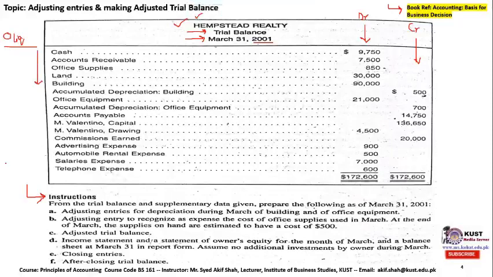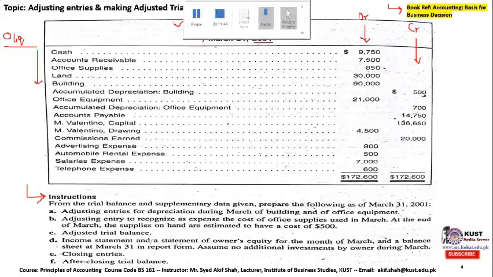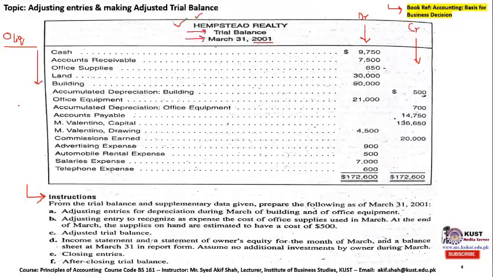As I have explained to you earlier, this question has already performed the initial 3 steps of the accounting cycle. That is, they have already done the journal, the ledger accounts, and then the third step, which is the trial balance, obtained from the ledger account balances.